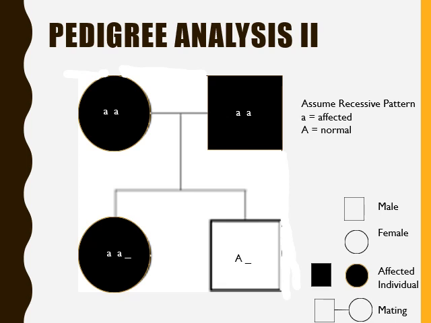Is this possible? Could he have gotten this dominant allele from either parent? And the answer is no, unless he is a mutation. So that means that an autosomal recessive pattern is not logically consistent. We can cross it off.